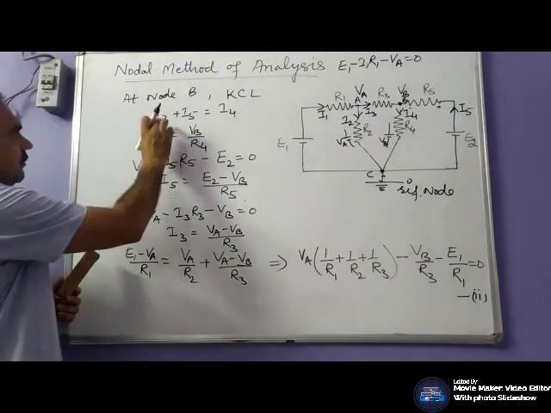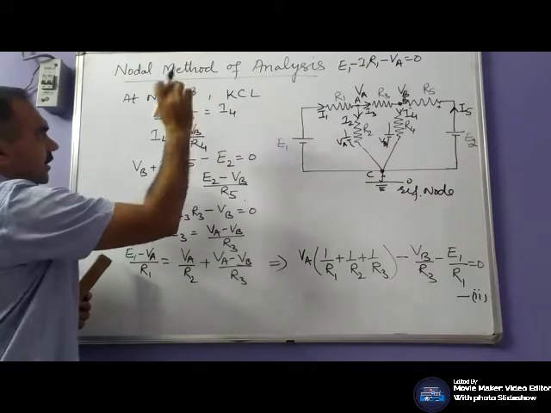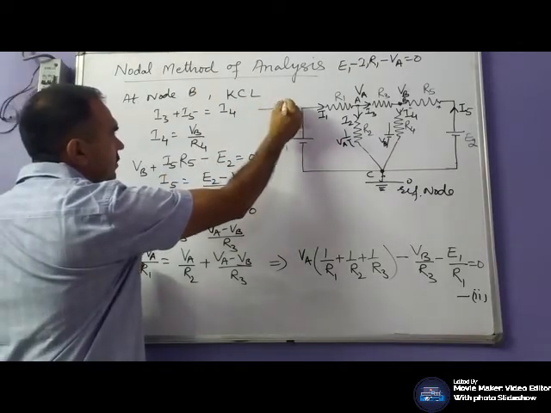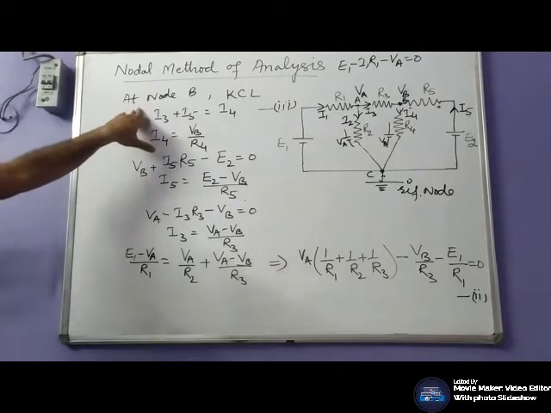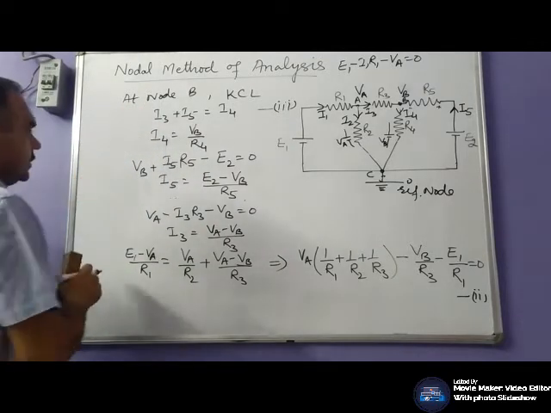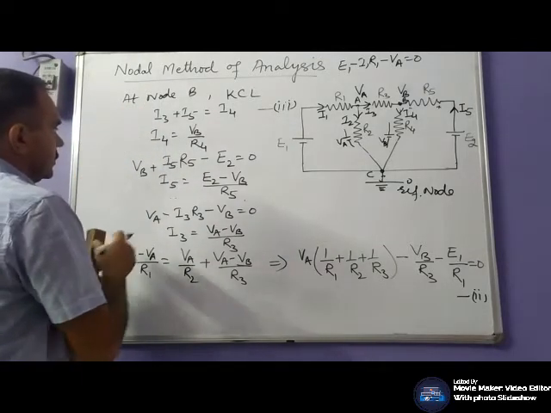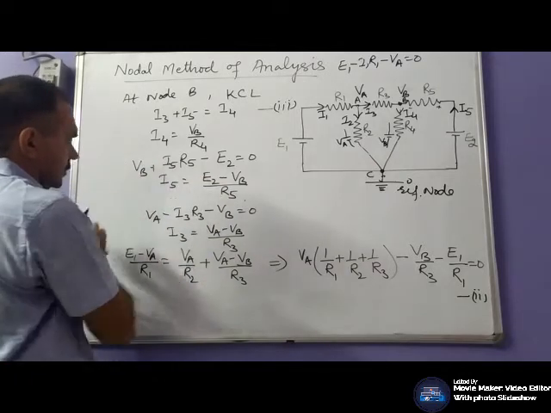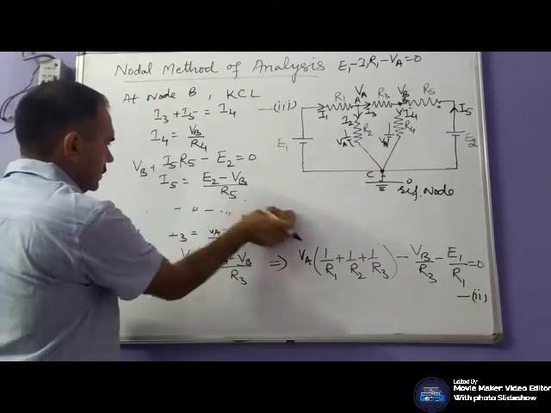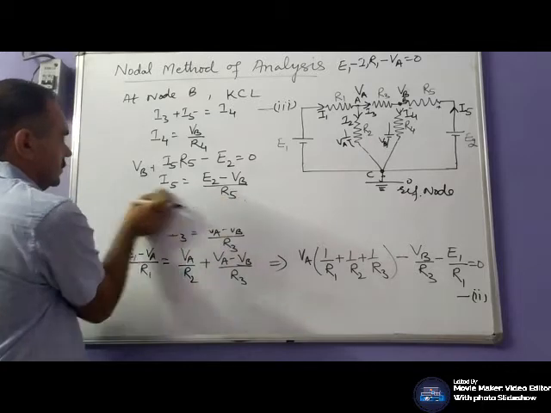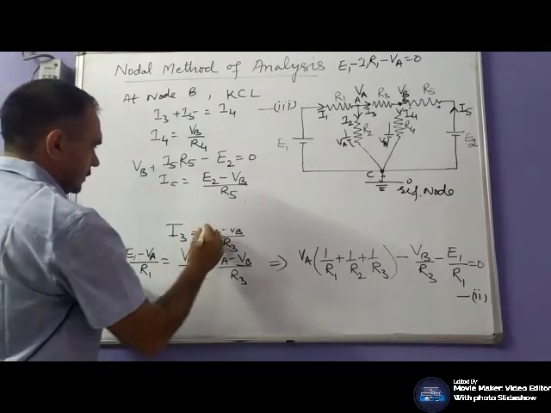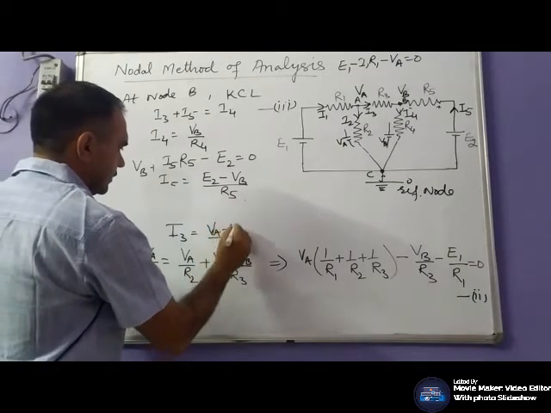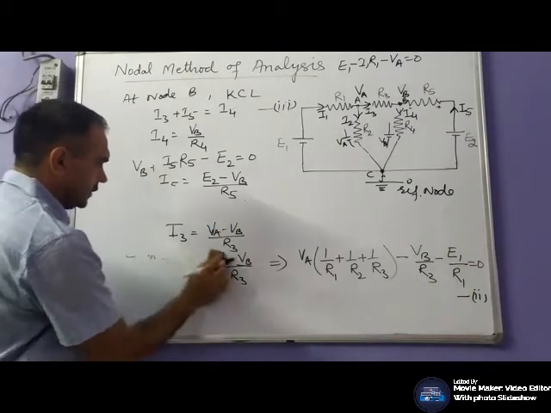Now we have I3, I5 and I4. That is this equation number 3. Put these values in this equation 3. This is I3, VA minus VB by R3.